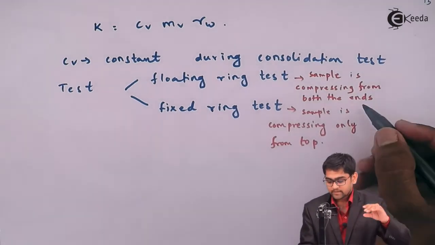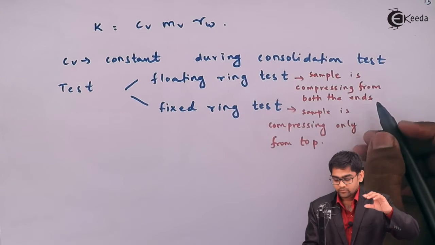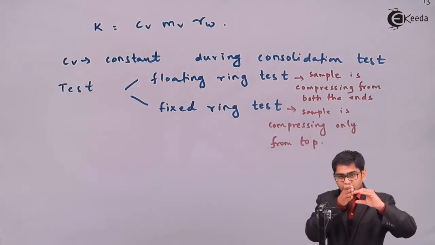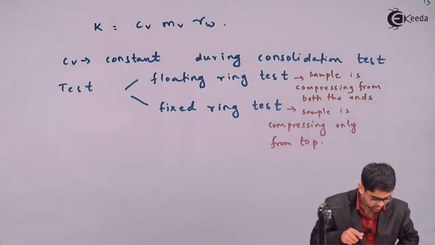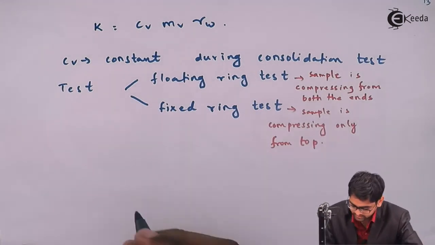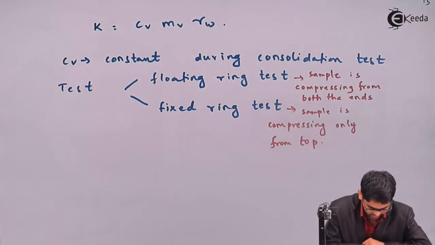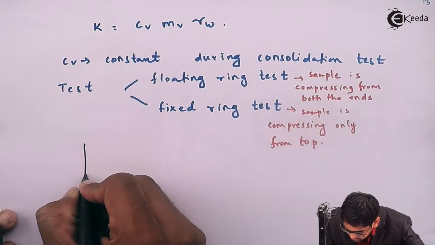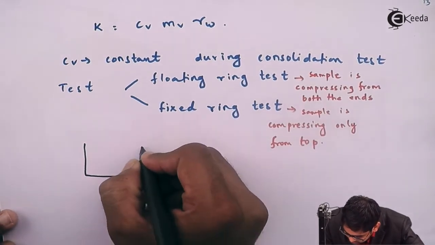Since there is friction developed on the sides of the wall or the sides of the container with the sample, it is essential to draw the lab setup diagram. We have the container which has rigid boundaries.